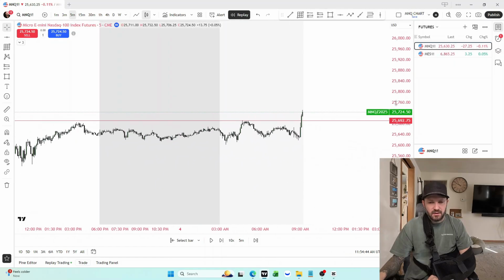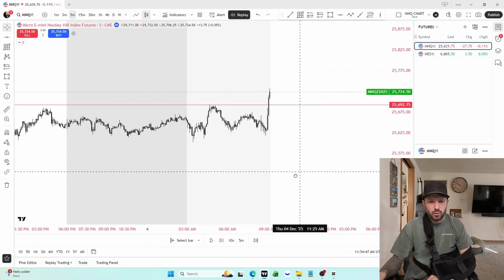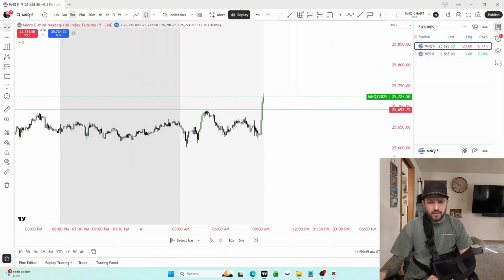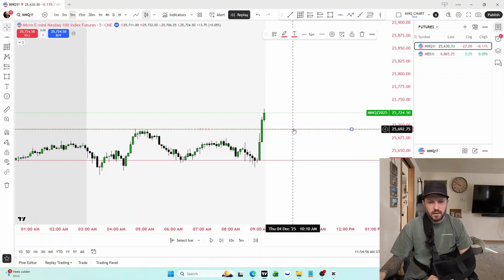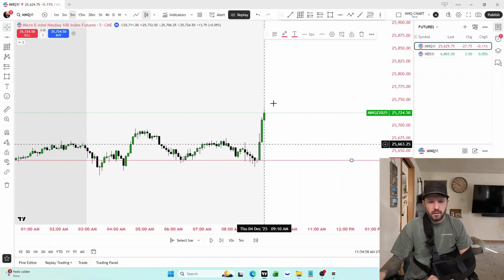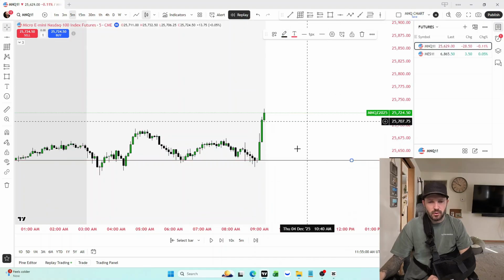And for me to feel confident going in a short, I would need this low to be broke and close below. So this low needs to be broken in order for me to go short.